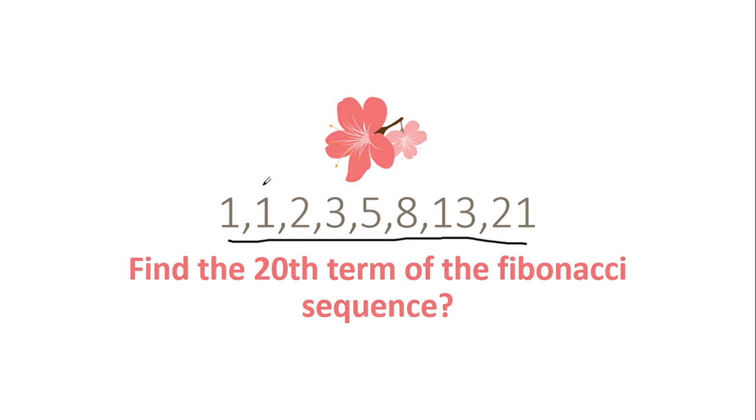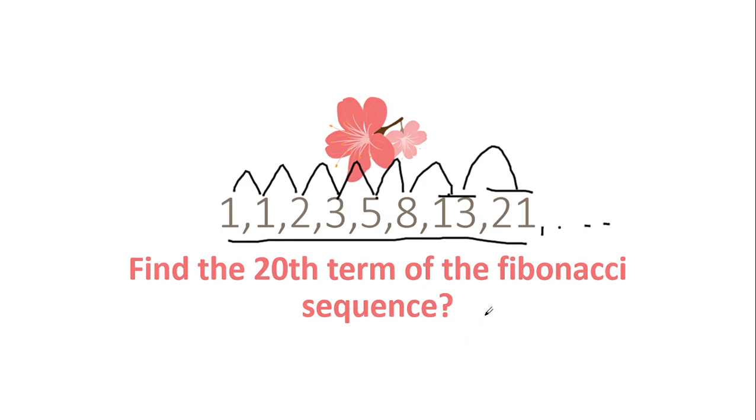And then i-add na jud nato sila, 1 plus 1, that's 2. 2 plus 1, that's 3. 3 plus 2, that's 5. 5 plus 3, that's 8. 8 plus 5, that's 13. 13 plus 8, that's 21. 21 plus 13, and so on. Taas na siya, no? Now, the question is, find for the 20th term of the Fibonacci sequence.